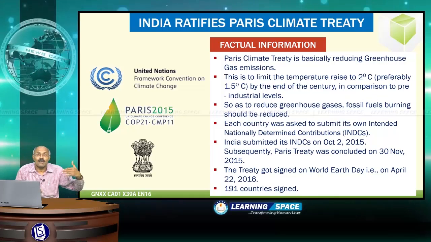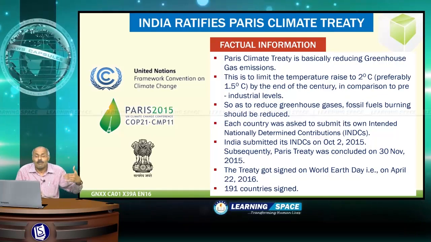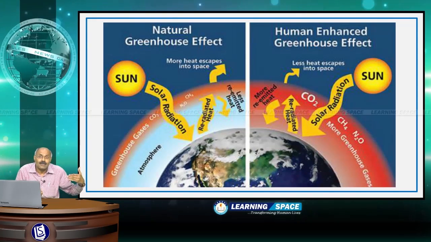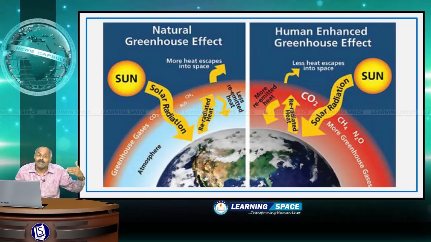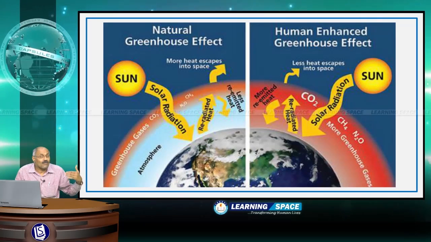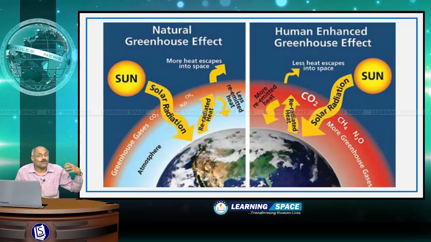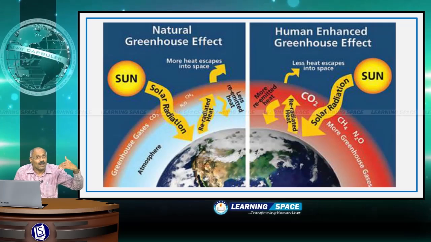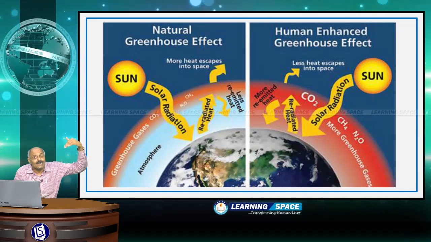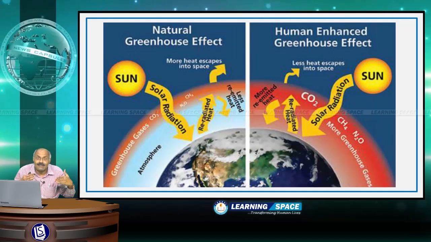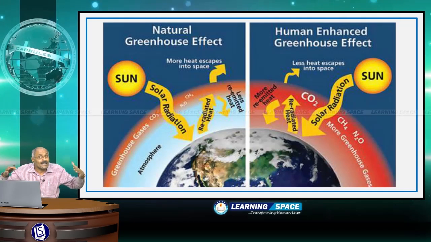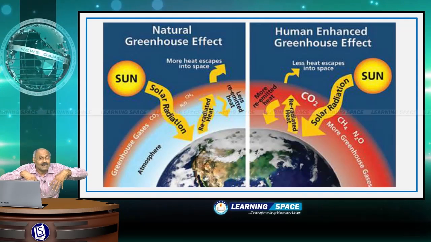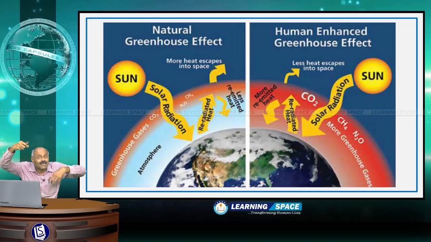And the second one is, you may ask, what are greenhouse gases? Before going into that, let us have a glance at how the temperature rise takes place because of greenhouse gases. All of you are well aware. Please look into this slide. We get solar energy through radiation from the sun, and part of this radiation gets absorbed by the earth, and subsequently the earth re-emits part of the radiation.